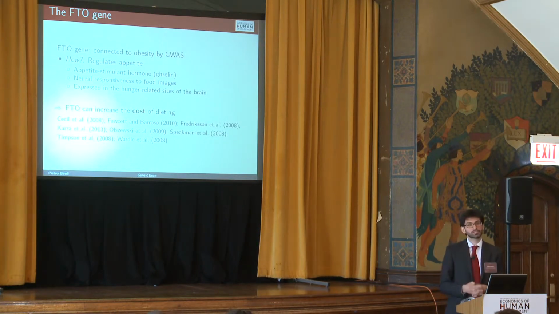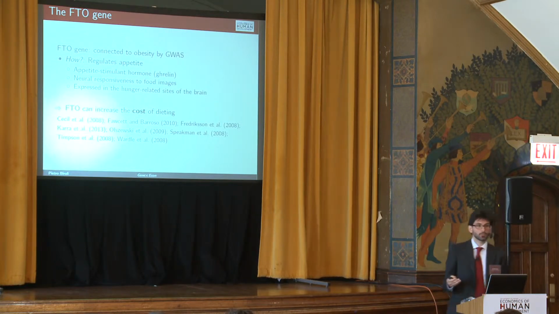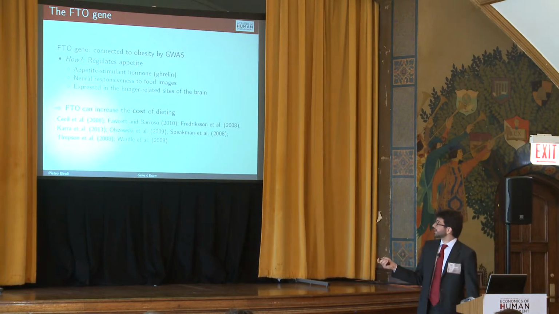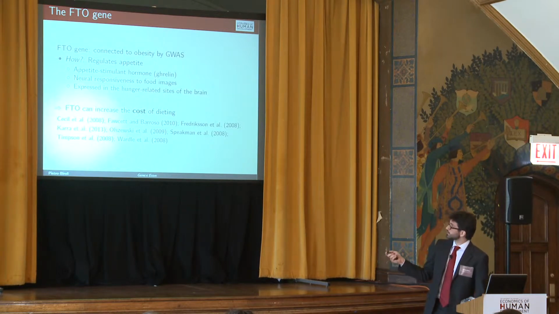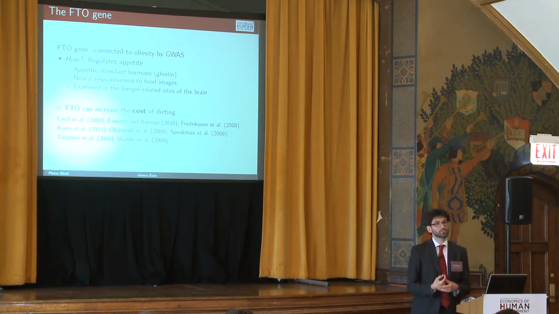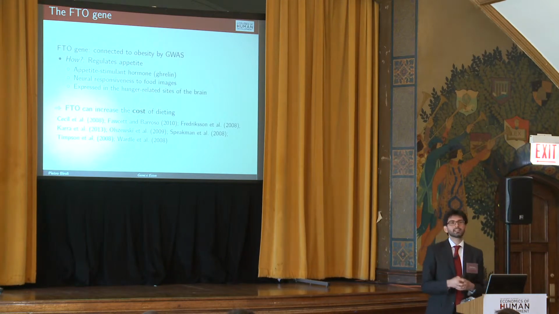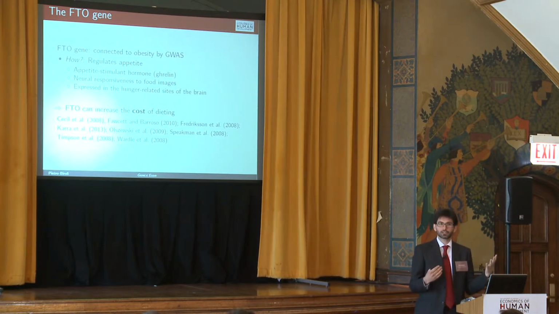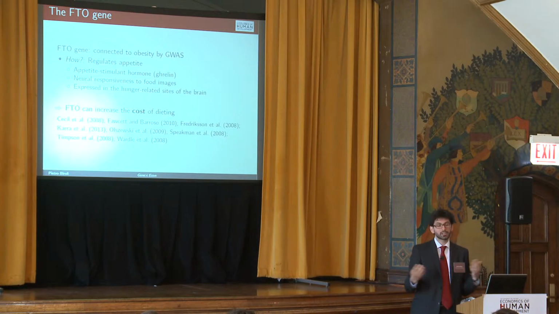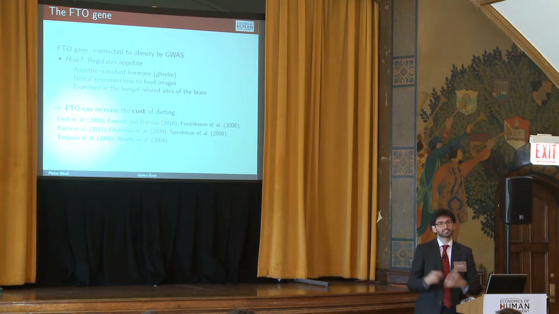For example, there's a study that shows that it's very much related to an appetite stimulant hormone, which is called ghrelin. And it's also related to neural responsiveness to food images. There was this very fascinating study where they brought people into the lab and put them into functional MRIs to map their brains. They showed them pictures of high caloric foods, so basically a hamburger, or low caloric foods like salad.